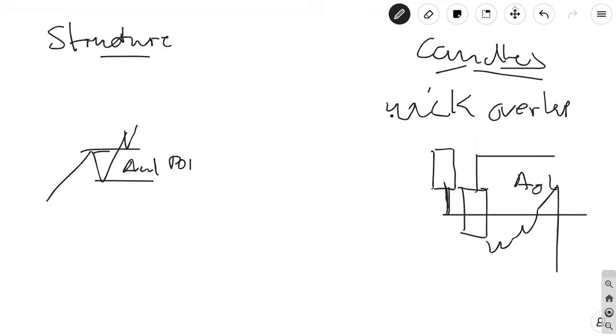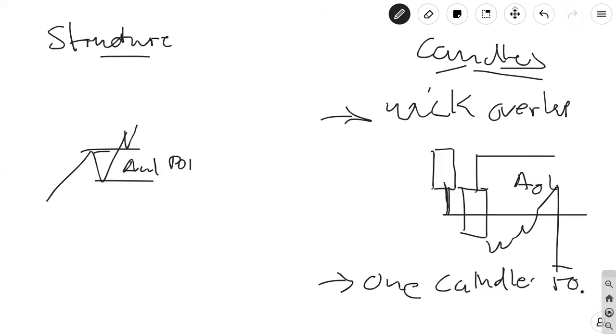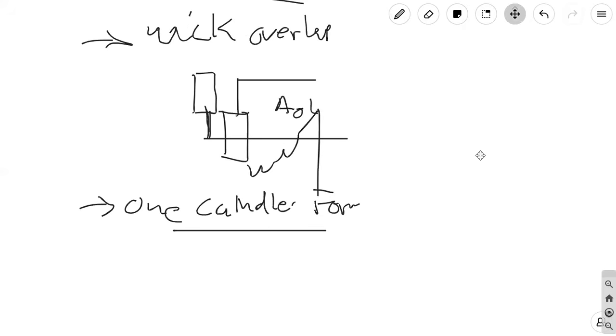In terms of candlesticks, I said we can find areas of liquidity in terms of wick overlap, or sometimes in what we say is one candle formation. So in one candle formation, also we can find areas where we can place orders. What do I mean by one candle formation?